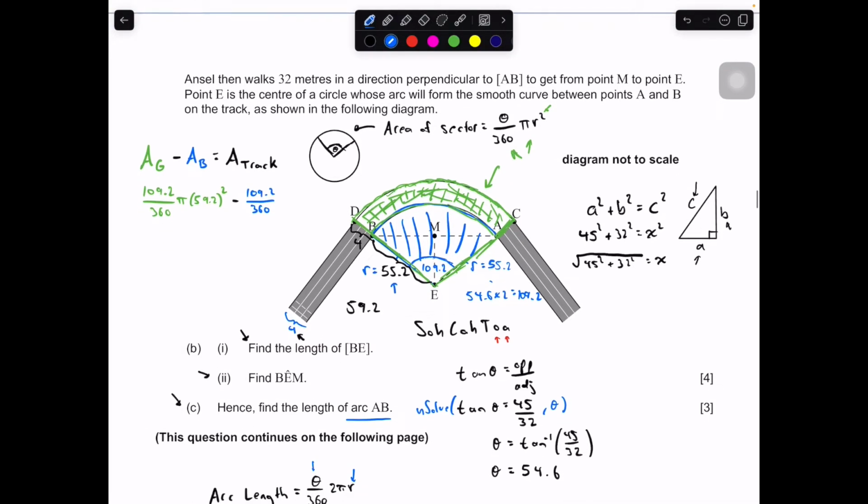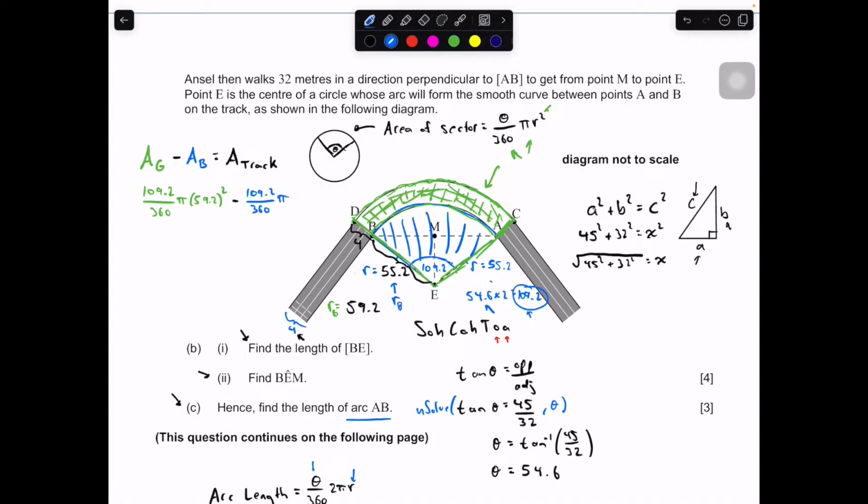Since they never asked for 109.2, and they just asked for this 54.6, generally we want to preserve as much accuracy as possible. So 109.2 is actually not a bad idea. 109.2 times pi, and then the radius is, we already found it to be 55.2. This is the radius of the green, and this one right here is the radius of the blue.